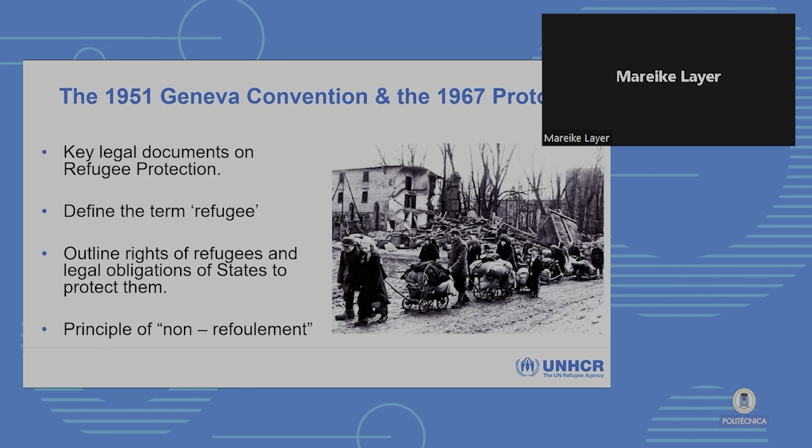We will talk later about this, but it has to do with not sending a person back to a country where his life or his liberty or his integrity is under threat.